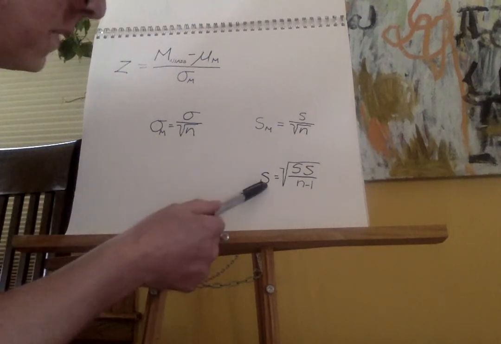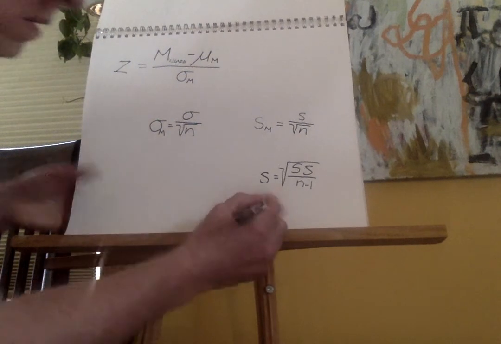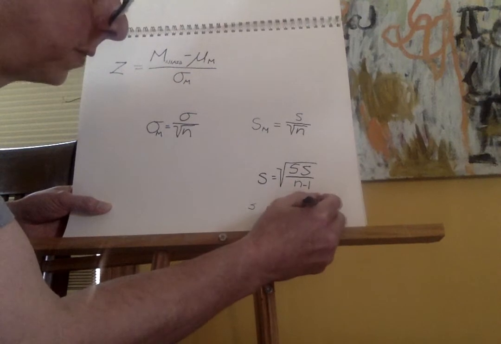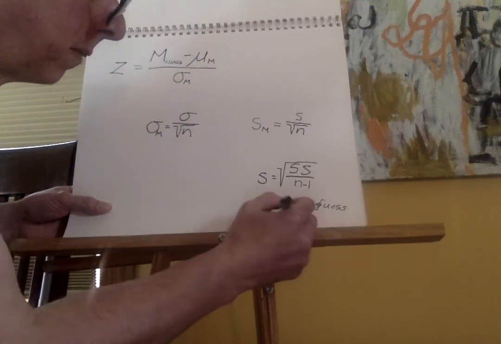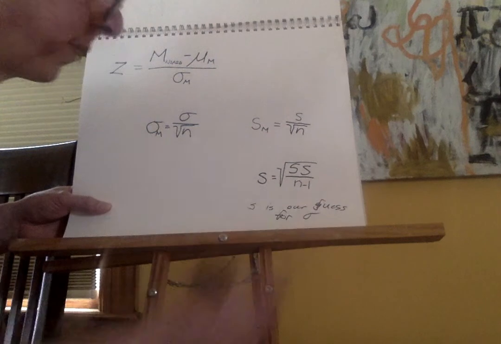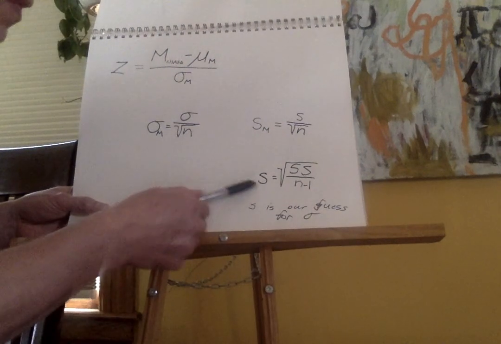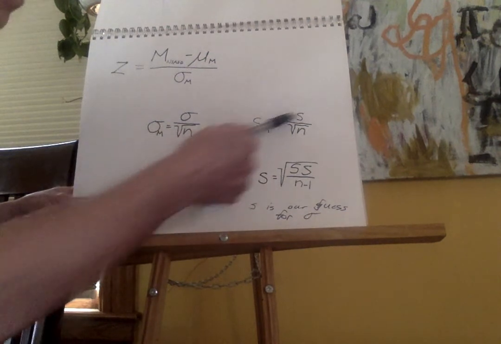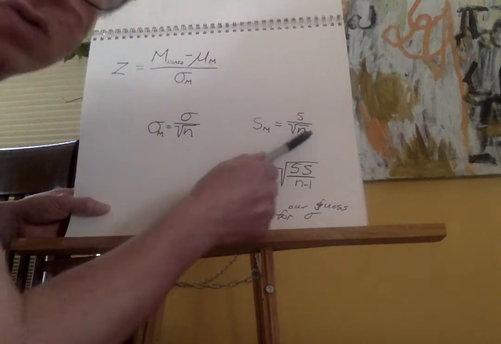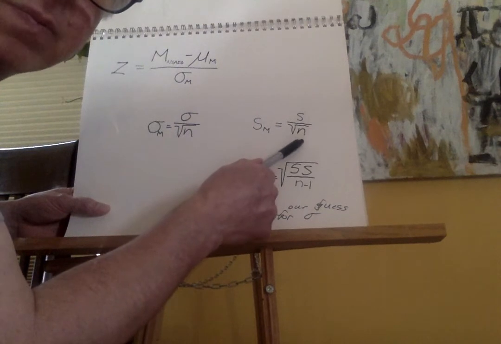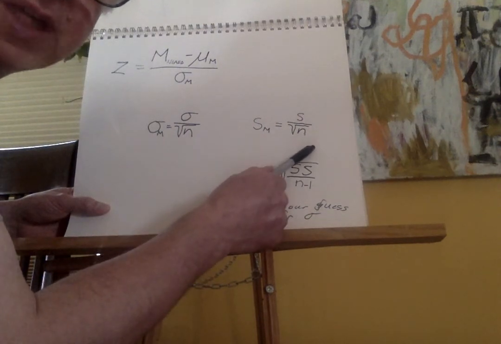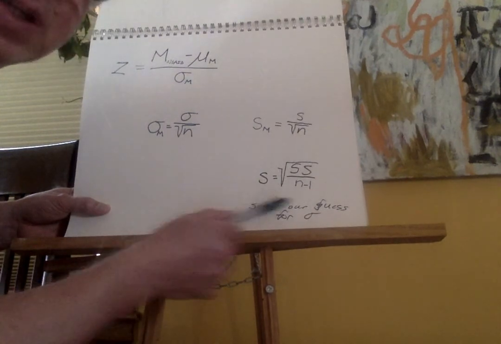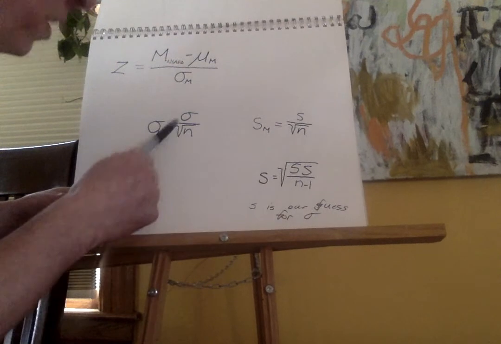So S is our guess for sigma, okay? So this becomes like sigma, and to get sigma sub m, we have to divide by the square root of n. So you don't do the subtraction here. There's no need to make the adjustment. We've made it here. Once you make the adjustment, now you proceed like you would here, okay?